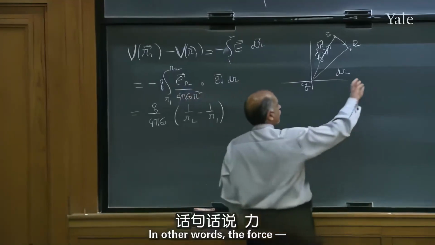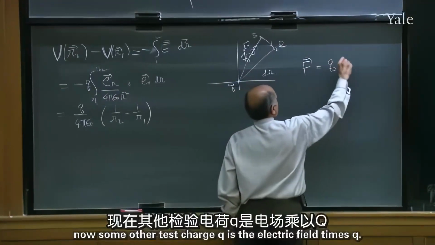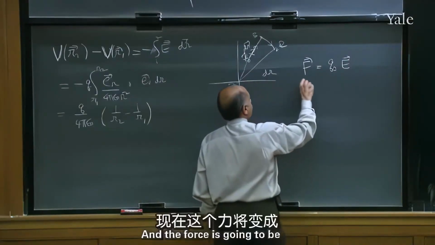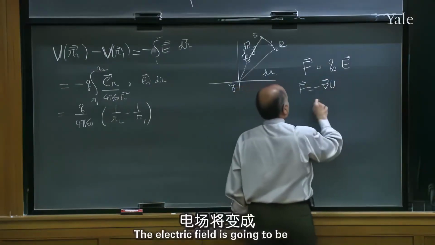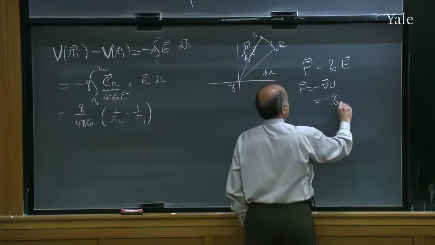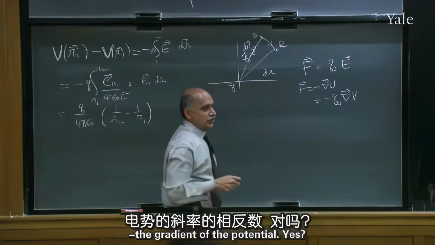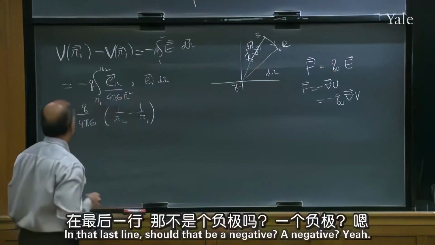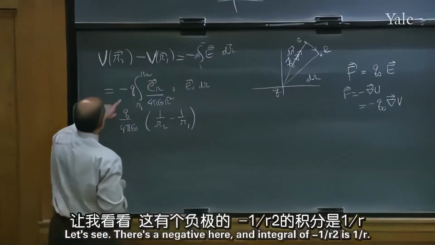In other words, the force, now this some other test charge Q, is the electric field times Q. And the force is going to be minus the gradient of the potential energy. The electric field is going to be minus the gradient of the potential. Yep? In that last one, should it be a negative? A negative? Yeah. Let's see. That's a negative here.